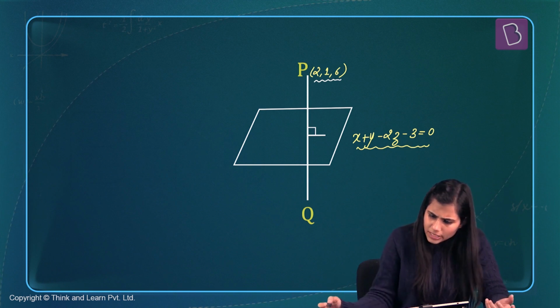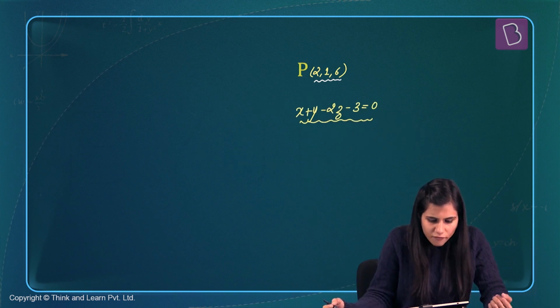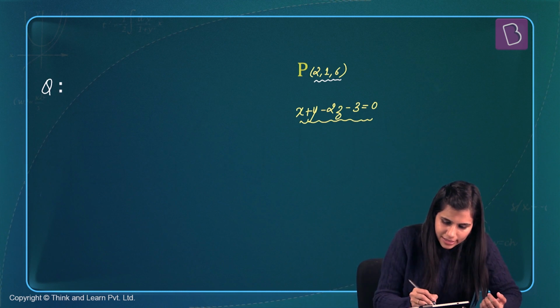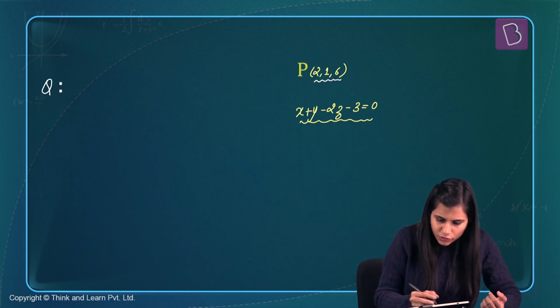Got it? Fine. So what do we do? How do we get the coordinates of point Q? Well, I'm sure you would be knowing that. Let me just help you recall it.